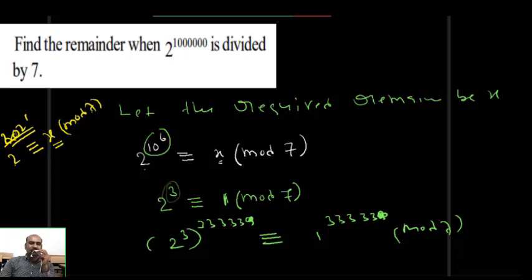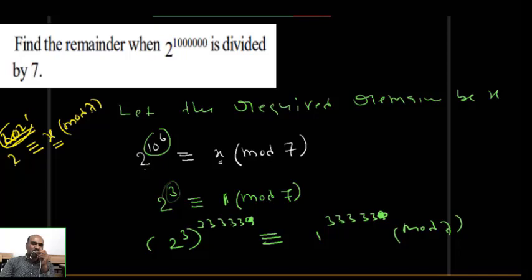We want the x value. So what is the procedure? First of all, try to find a smaller exponent of 2 so that the number divided by 7 leaves remainder 1 or -1, if possible. If not possible, remainder 2 or -2 or 3 can also solve the problem.